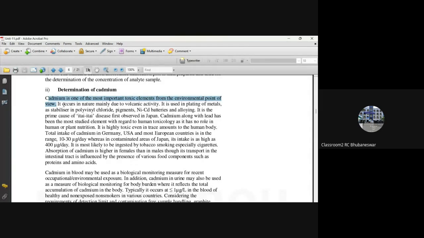Okay, so cadmium occurs in nature mainly due to volcanic activities.